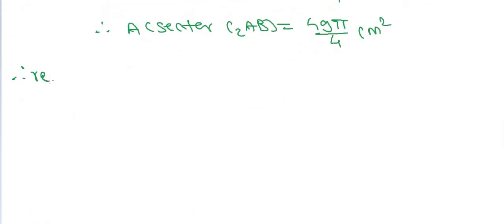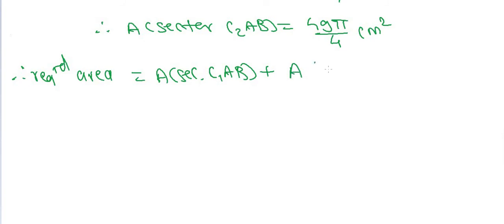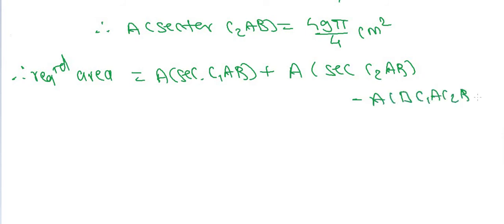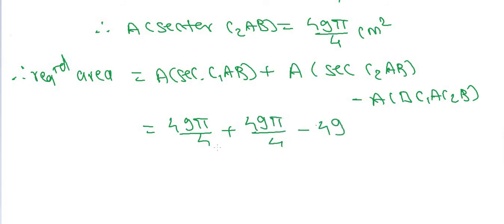Therefore required area is equal to area of sector C1AB plus area of sector C2AB minus area of square C1A C2B, that is equal to 49 pi by 4 plus 49 pi by 4 minus area of square 49.